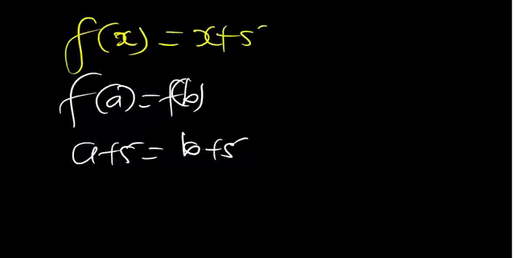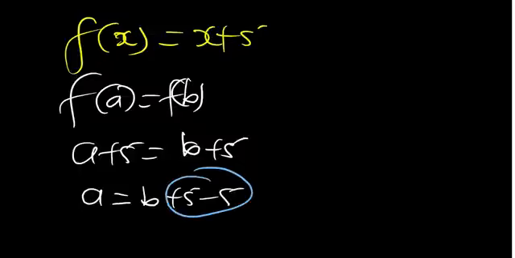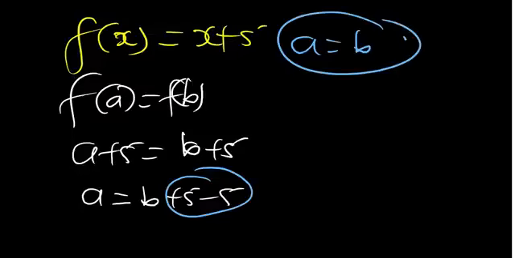I can shift 5 to the other side. It's going to be a is equal to b plus 5 minus 5. So these two guys are going to give us 0. So we're going to have a is equal to b. So as we can see, a is equal to b, meaning that this function is one-to-one. Okay, so this is how you prove that the function is one-to-one.